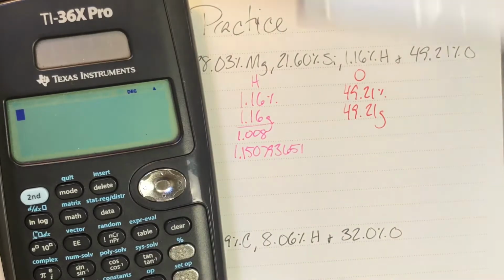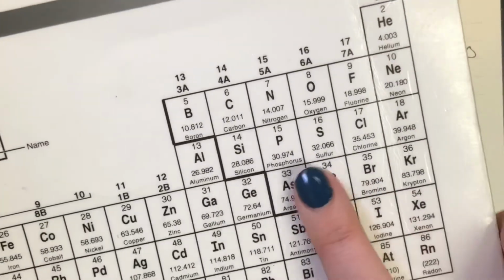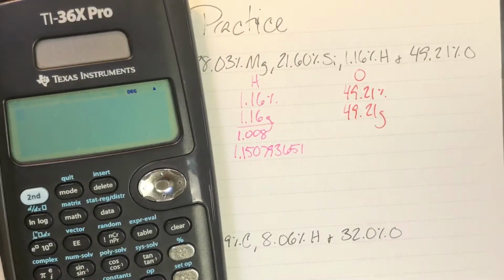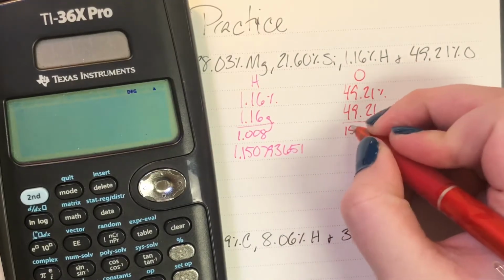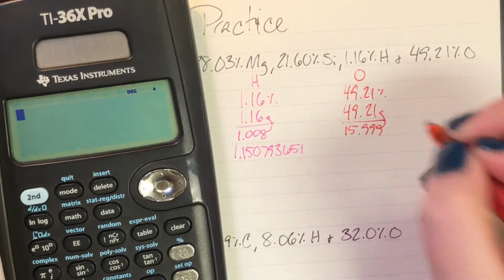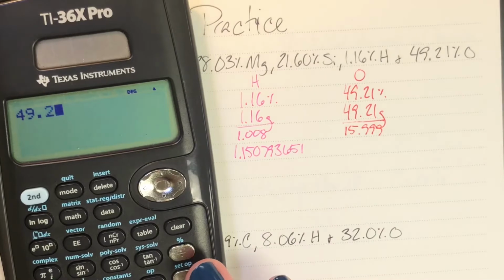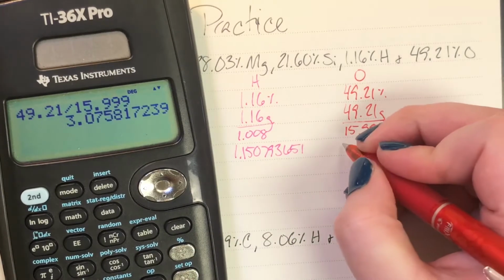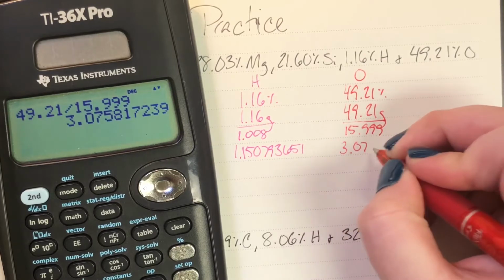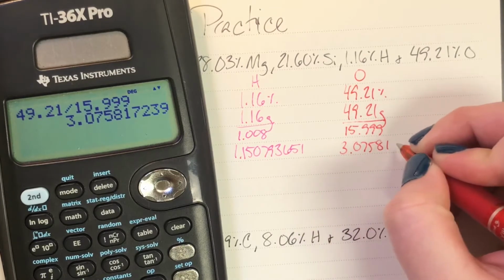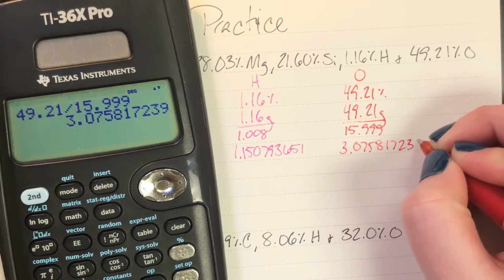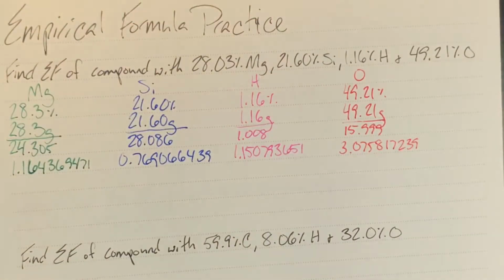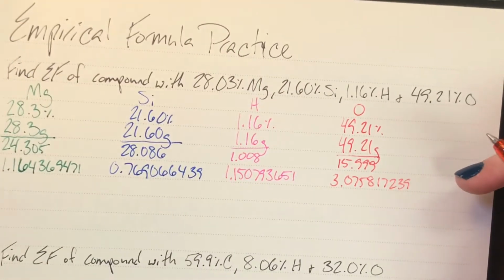And then oxygen's mass on the periodic table was 15.999. So 49.21 divided by 15.999 will give me 3.075817239.